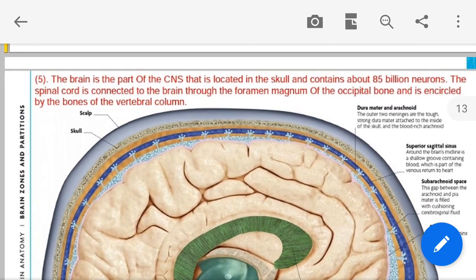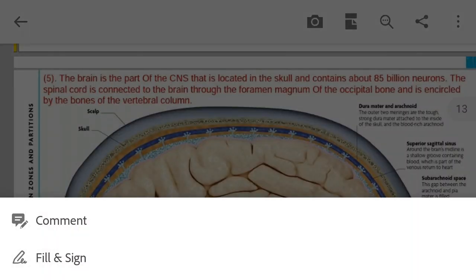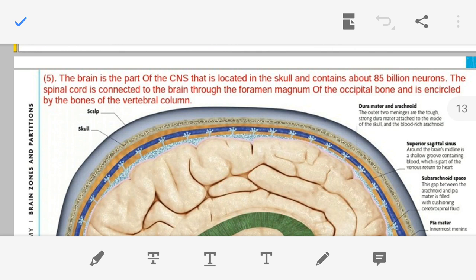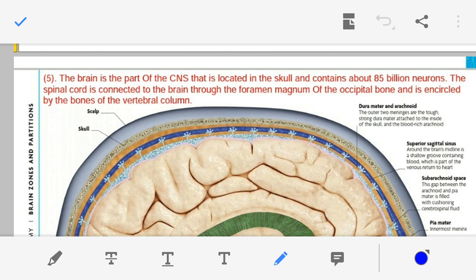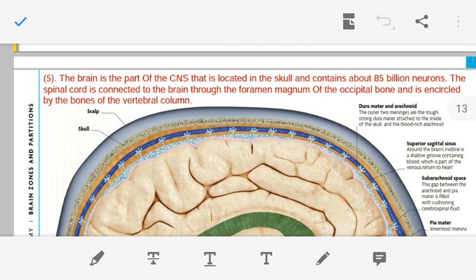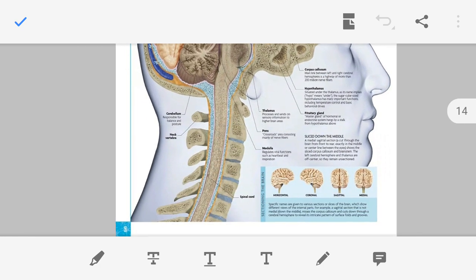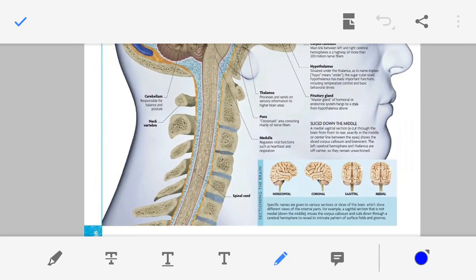Now the spinal cord, we know, is present in the vertebral column. It is protected inside the vertebral column. The bones of the vertebral column, the vertebrae, protect the spinal cord. Here in the figure you see that this one is the spinal cord, and this one, and this one.